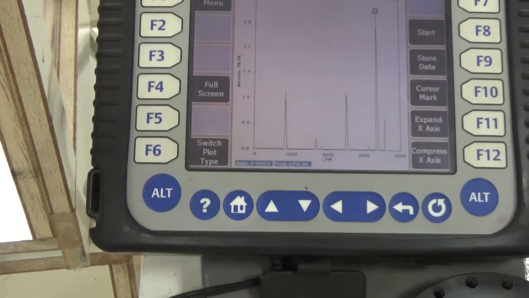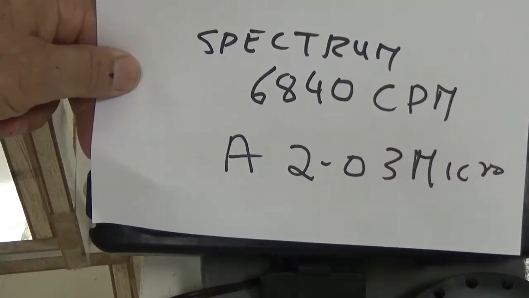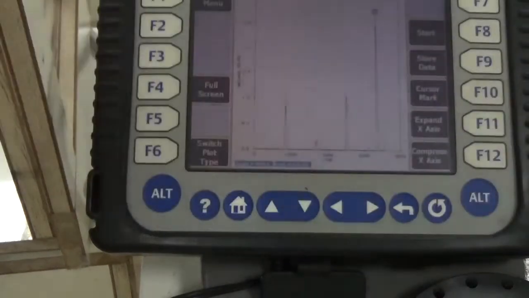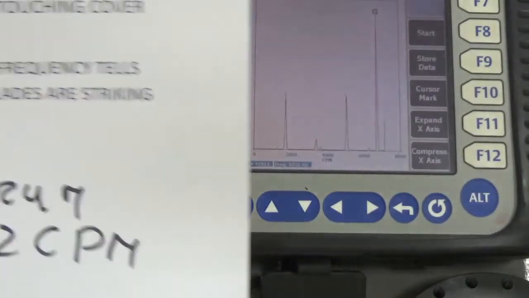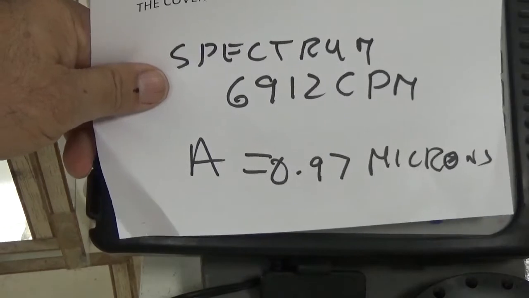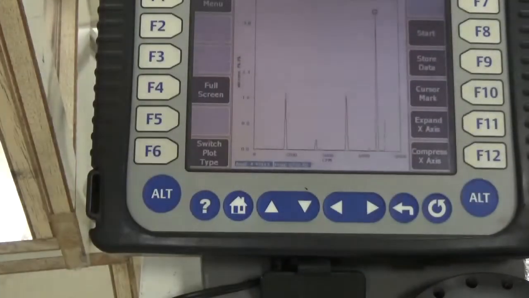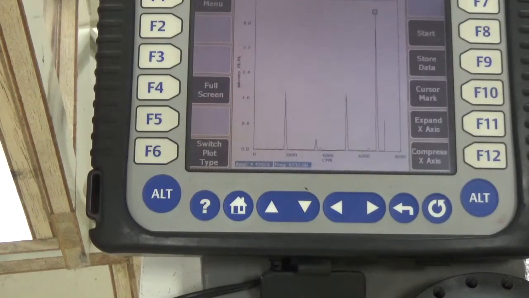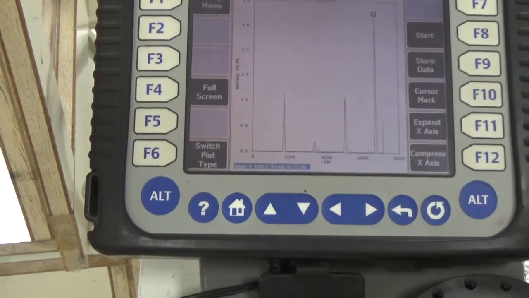But the amplitude now is 4.4. And before it was 2.03 microns, and before that it was 0.97 microns.